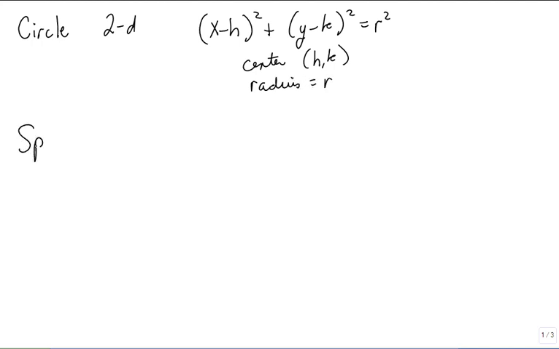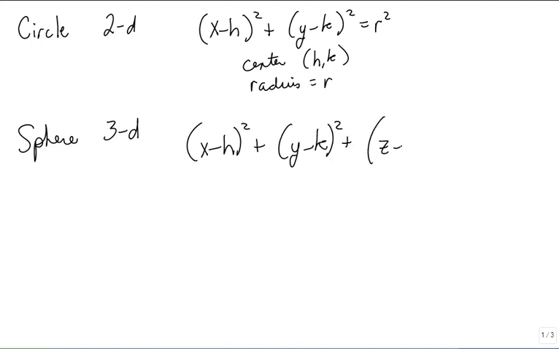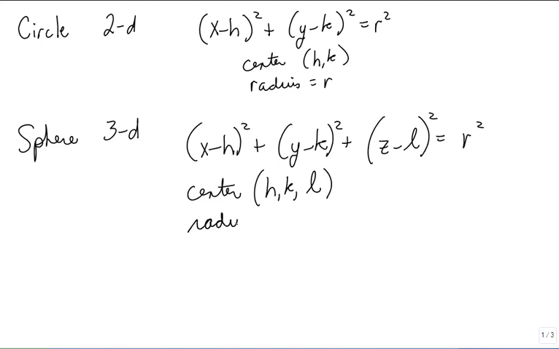Well, for a sphere, because that's what we have in 3-dimensional, it's going to be almost the same thing. You can probably guess what it's going to be. And here is the center. And again, this is just using the distance formula. And the radius is r.